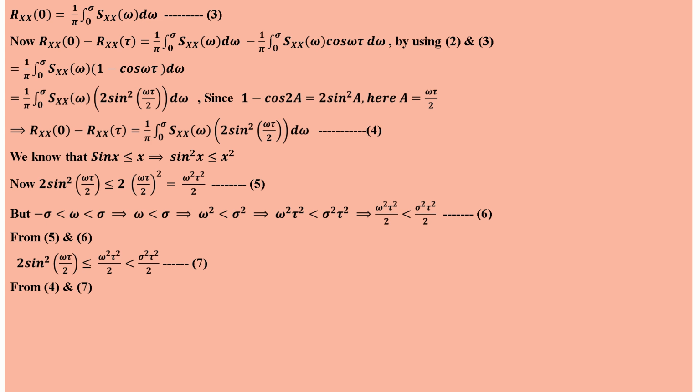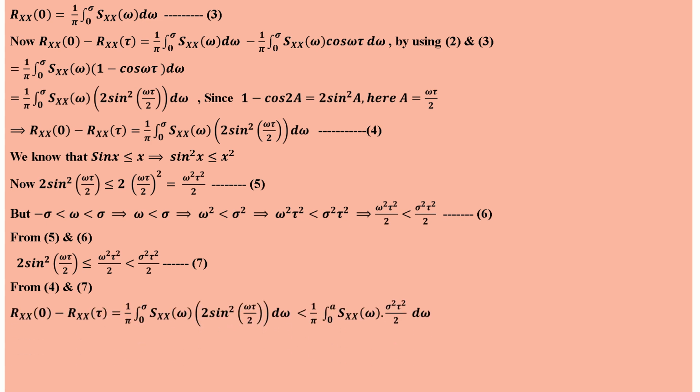So comparing 4 and 7, Rxx of 0 minus Rxx of tau, which is equal to 1 by pi integral 0 to sigma Sxx of omega 2 sin square (omega tau by 2) d omega, is less than 1 by pi integral 0 to sigma Sxx of omega sigma square tau square by 2 d omega, using 7.